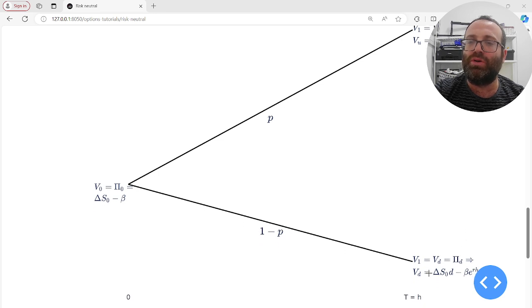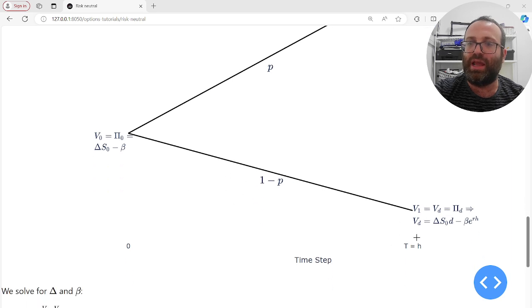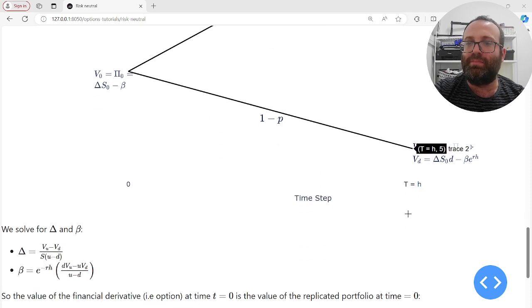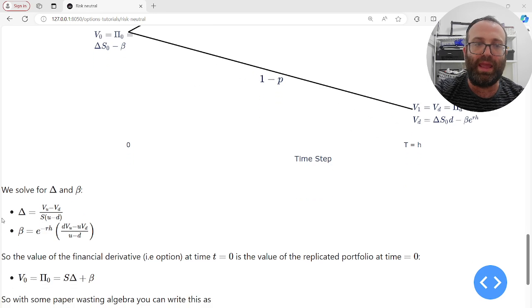We showed in the last video that you have these two equations, VU equals delta S0 U minus beta e to the rh, and VD equals delta S0 D minus beta e to the rh, and we can solve for delta and beta, meaning how much of the stock to hold and how much to borrow from the bank.